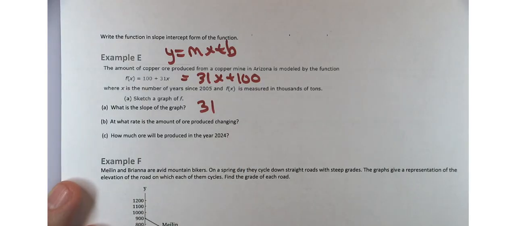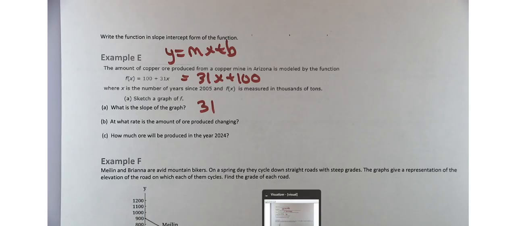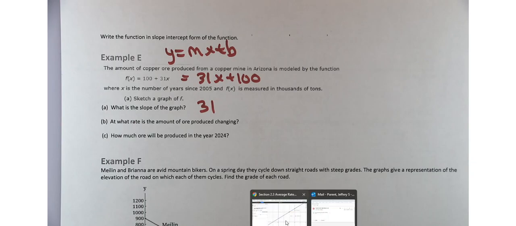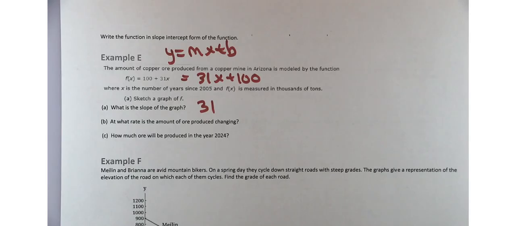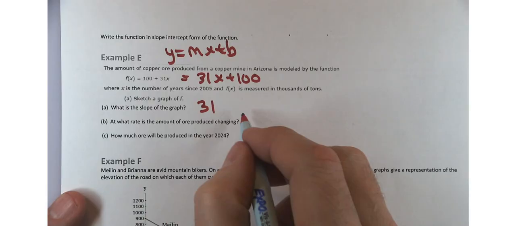The rate is going to be the same thing as it was with our previous look at any functions. The rate is going to be the slope. It's just going to be the slope of your line. That's the rate of increase. So in this case, what is that rate? Yeah, 31.